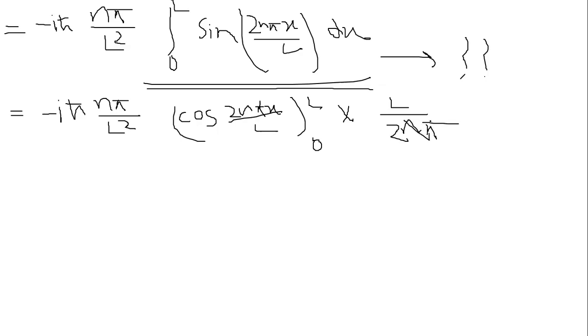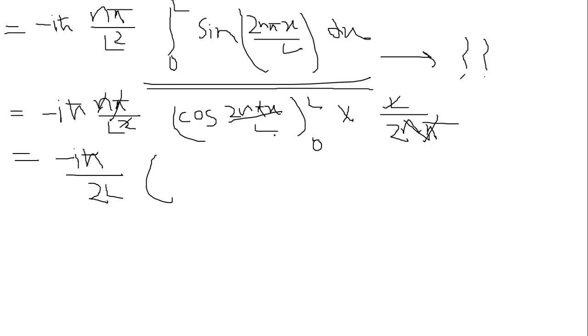So here n pi gets cancelled out, and this L gets cancelled out. We get minus i h cross by 2L here, with cos 2n pi x by L.